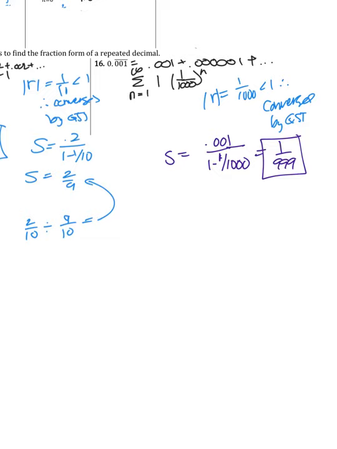So recapping 7.3, the big ideas here. Applying what we learned about sequences to series, deciding if a series converges or diverges, and really the focus of this section was 2 specific tests. The Nth Term Test, NTT, which only tests for divergence.